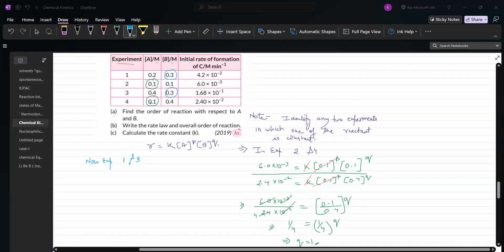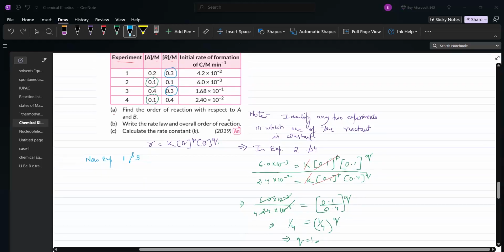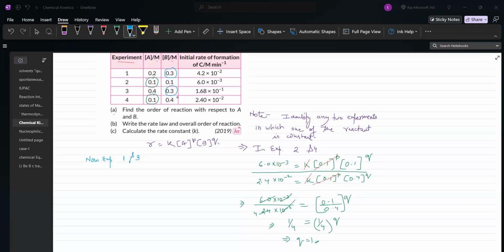Can you do it, Rishita and Zaina? Yes, sir. Can you solve it by yourself? Yes, sir. Try to solve it by yourself, Rishita. Yes, sir. If you get stuck, then obviously we will do it together. Okay.